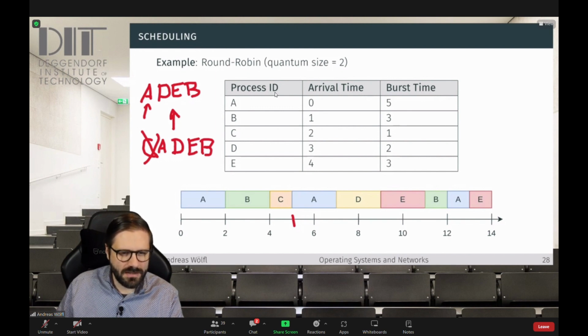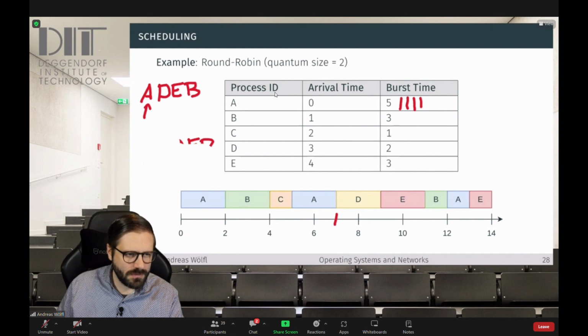A has already had two time units of CPU time, and it runs, you see it here, from 5 to 7, adding 2 more time units that were executed. So on time 7, the time quantum of A is up.